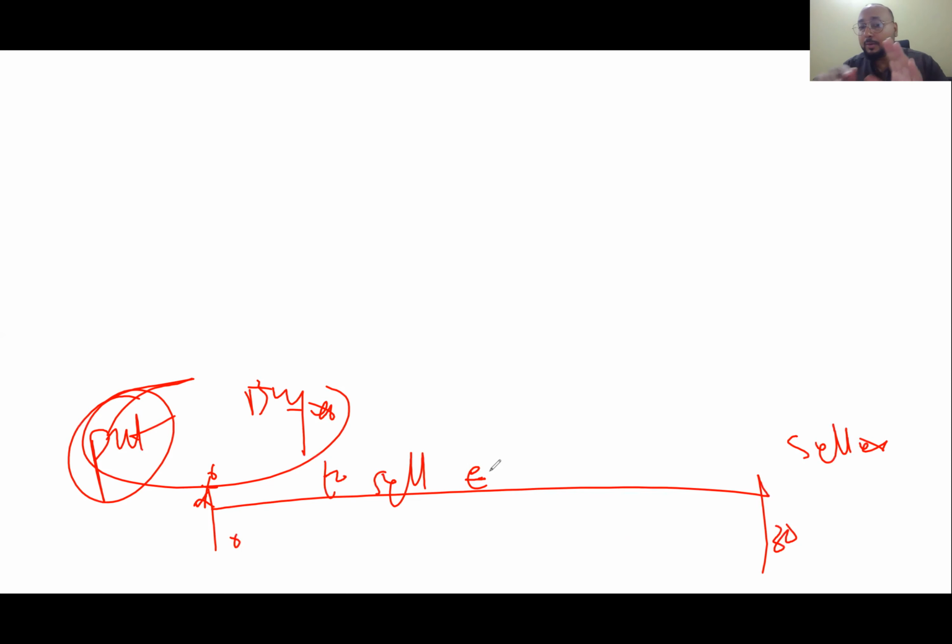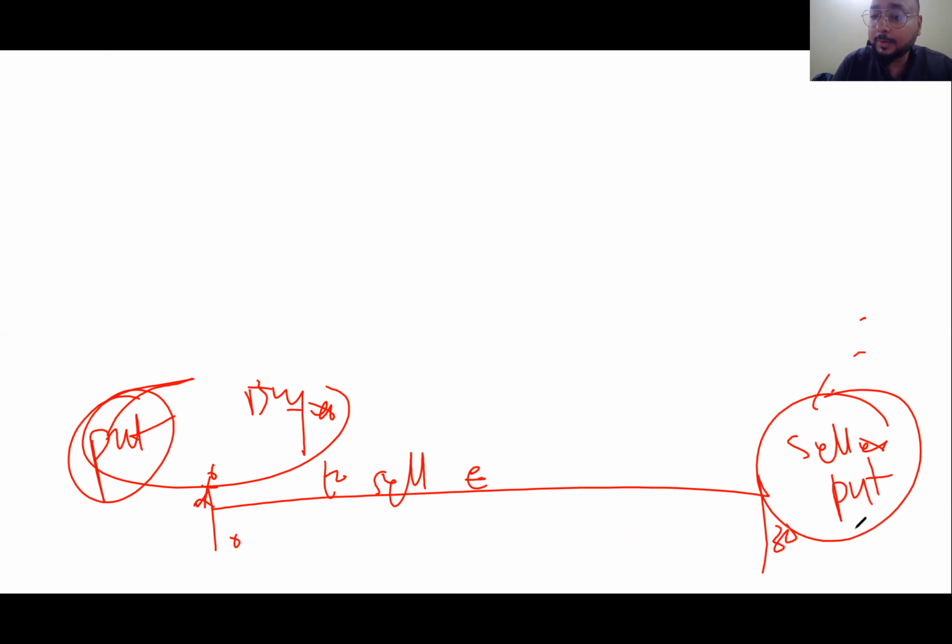To sell euro to the put seller, who is essentially the buyer. Understand? So buyer of put option, basically they are seller.